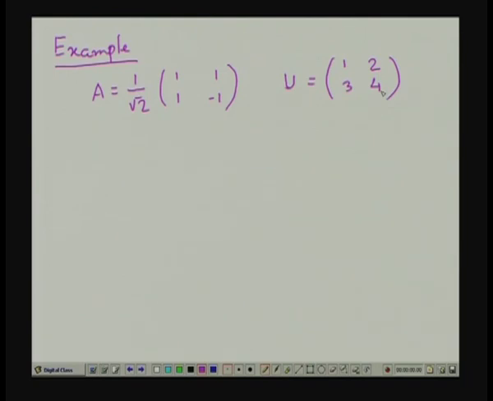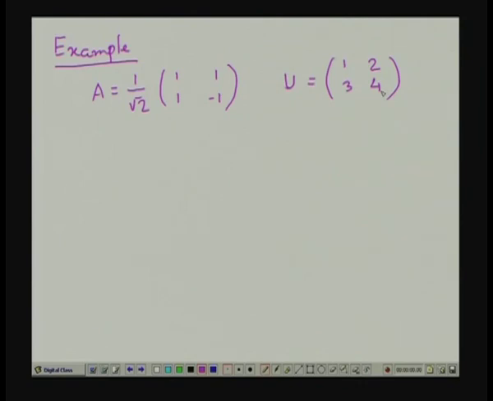In this example, we will try to see how this input image U can be transformed with this transform matrix A, and if I take the inverse transformation of the transformation coefficients that you get, we should be able to get back our original input image U.